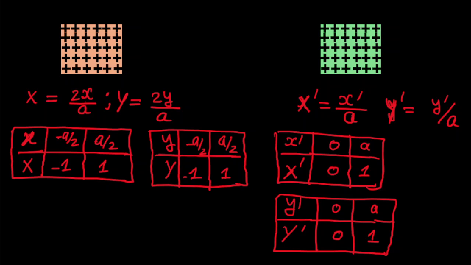So when you replace the above integration with these two new variables capital X and capital Y, what you will get is V naught equals 1 by 4 pi epsilon naught, and now your integration limit will be minus 1 to 1, and y will also be minus 1 to 1, and then sigma.